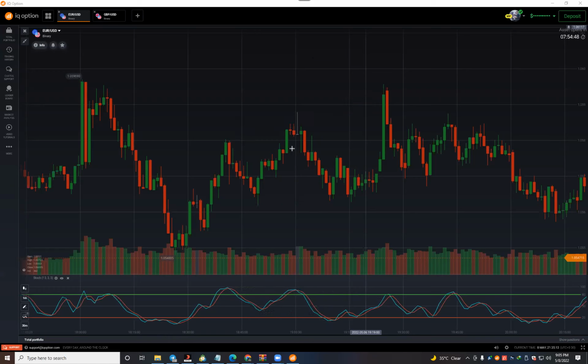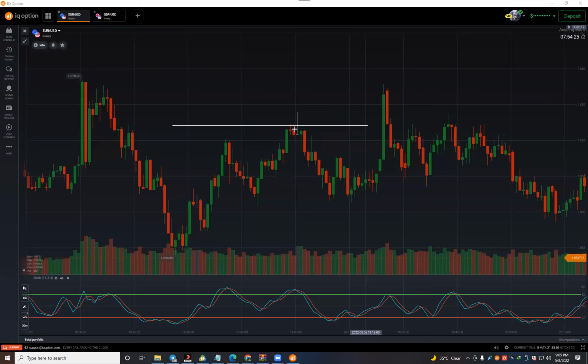And for example, how to use divergence? Say you have a resistance level. Price reached the resistance. Now you are thinking maybe the price can go down for 5 minutes, but you are not confirmed.